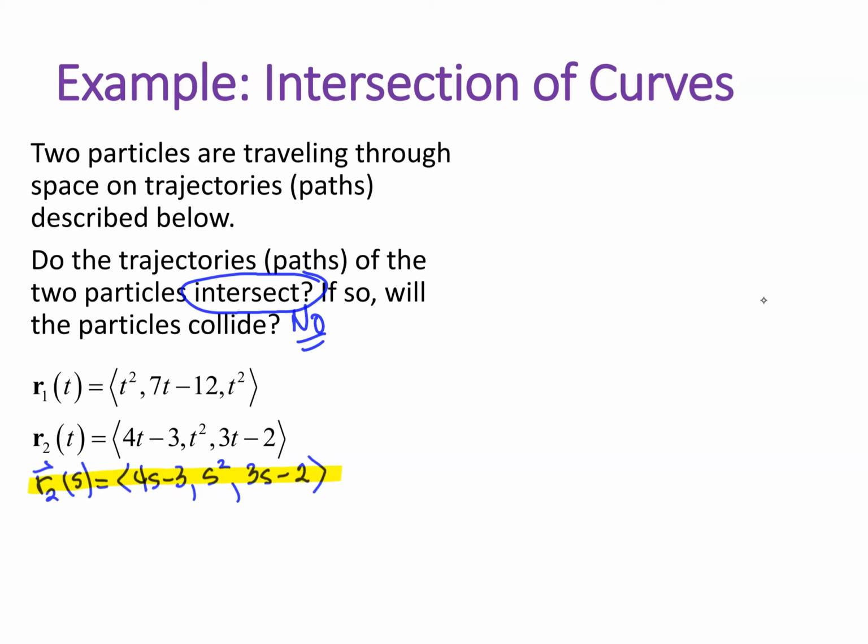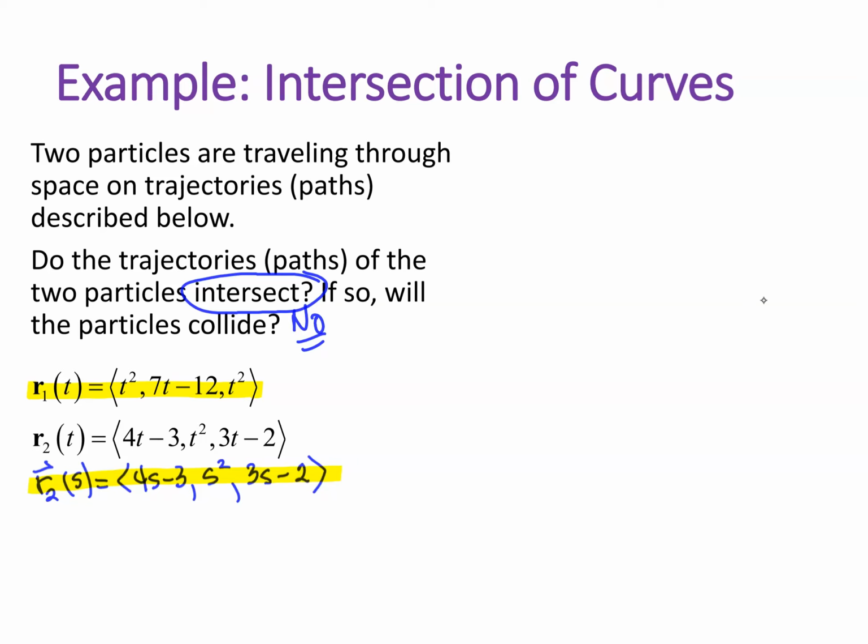I'm going to use s, so that I'm not tempted to think that t is the same for both vector valued functions. So our first trajectory will have parameter t, and in the second trajectory our parameter will be s. Now the process is going to be similar to what we did before.